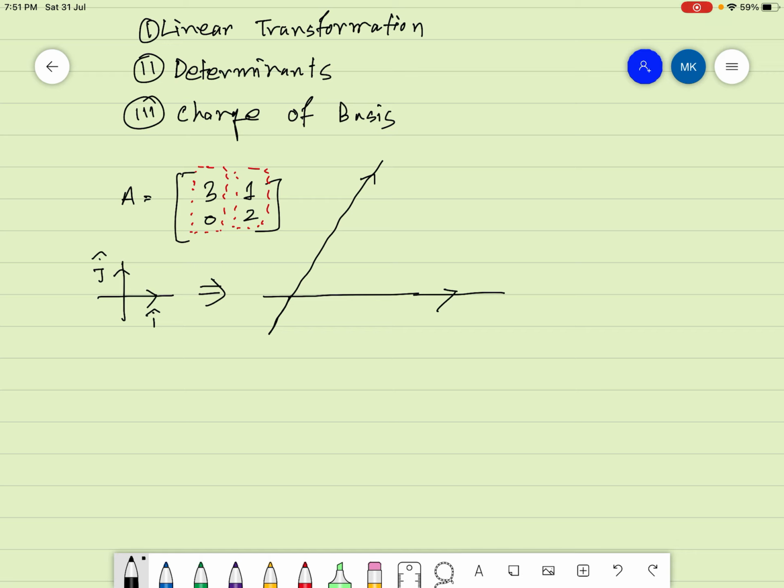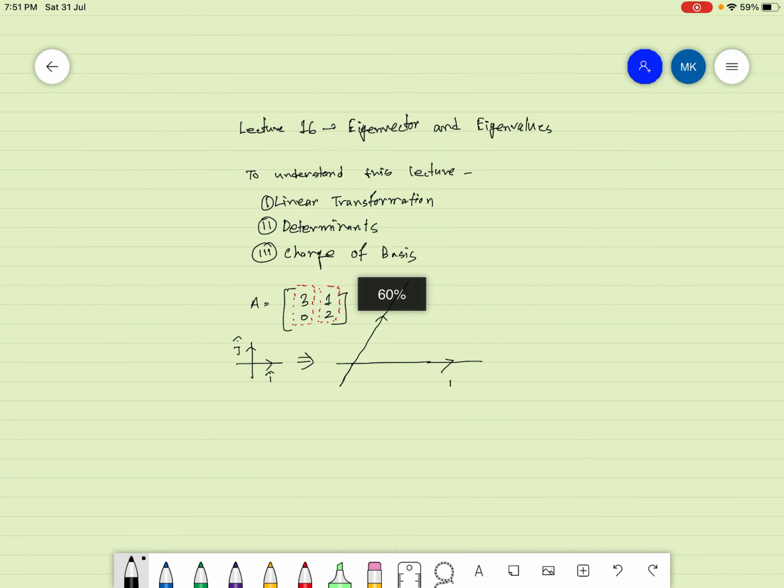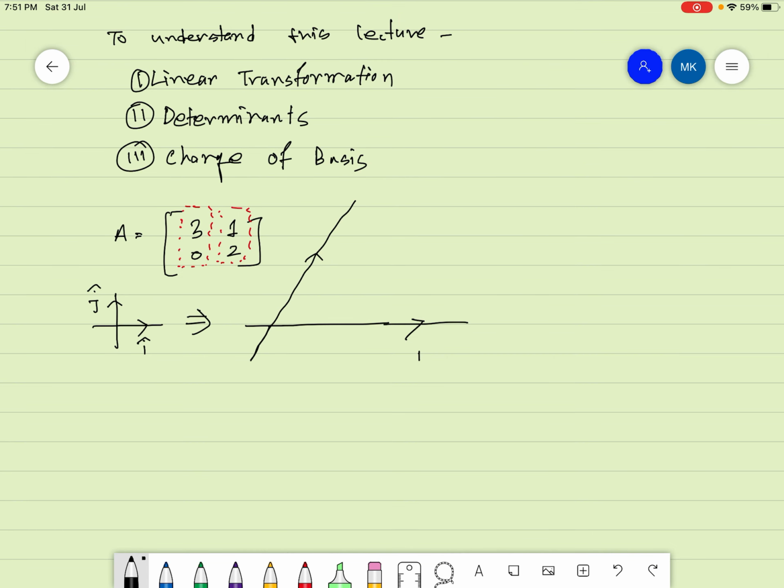So let's say this is our changed i cap stretched by 3 times, and this is our changed j cap landing on 1 2. Okay.